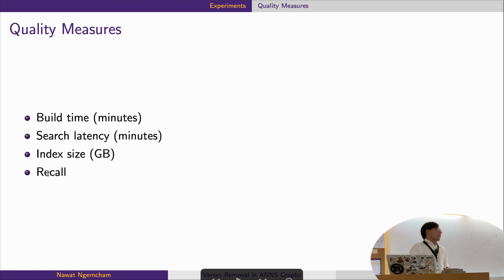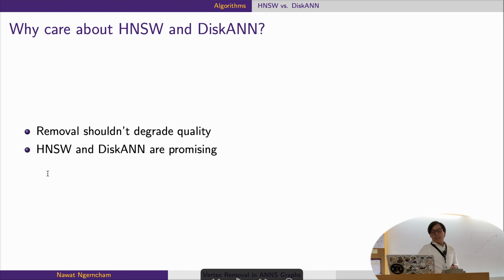One of the problems that came up is that in a lot of literature, HNSW is really popular, but DiskANN, although it seems to perform really well, is not mentioned in a lot of papers. When papers refer to ANNS applications, they usually refer to HNSW, and DiskANN is kind of ignored.